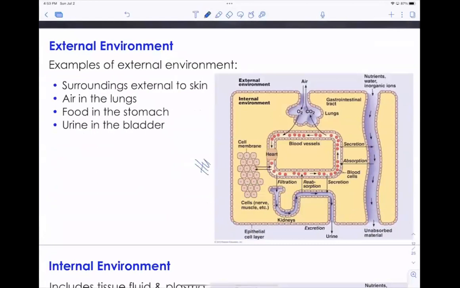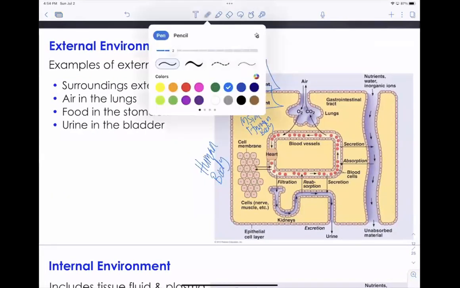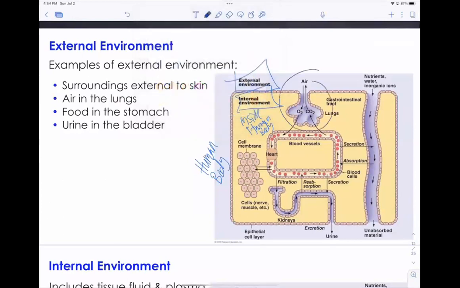If this was an overly simplified human body, there's the external environment and then the internal environment inside the human body. And inside the human body, there's a couple of things going on. So we're exchanging between the internal and external environment here at the respiratory system. So this is supposed to be the respiratory system. And that's for gas exchange or respiration.